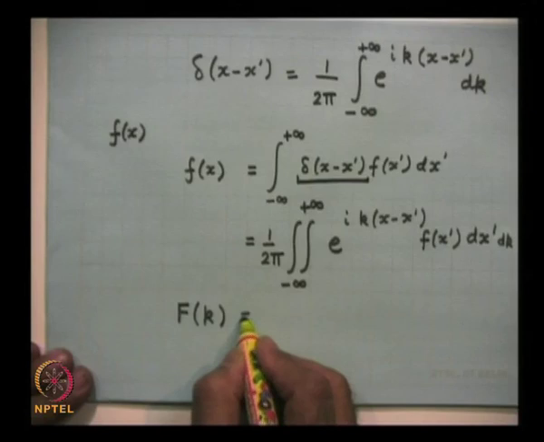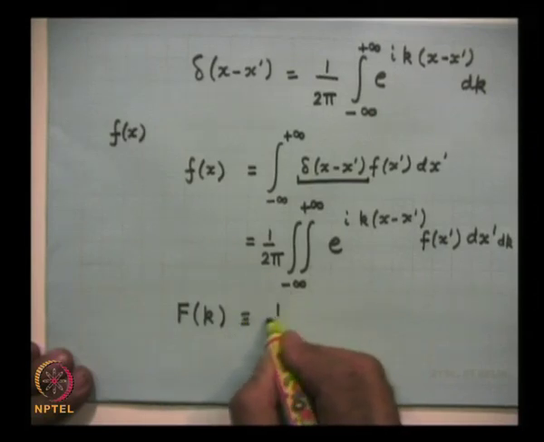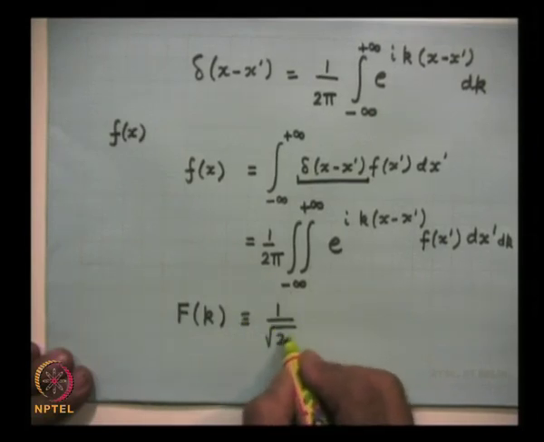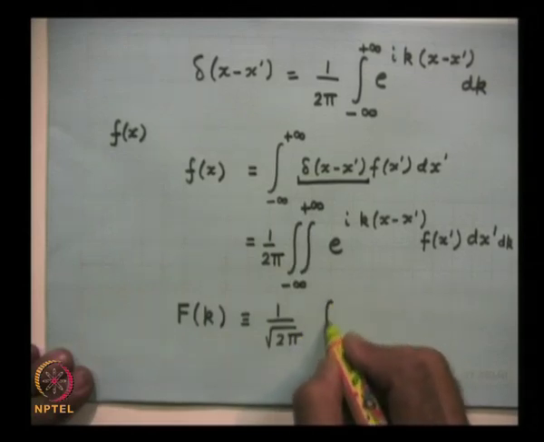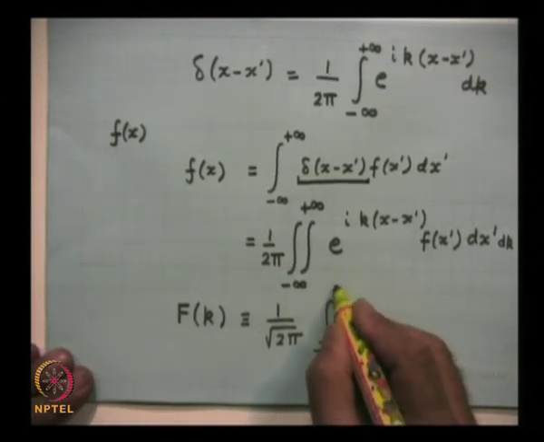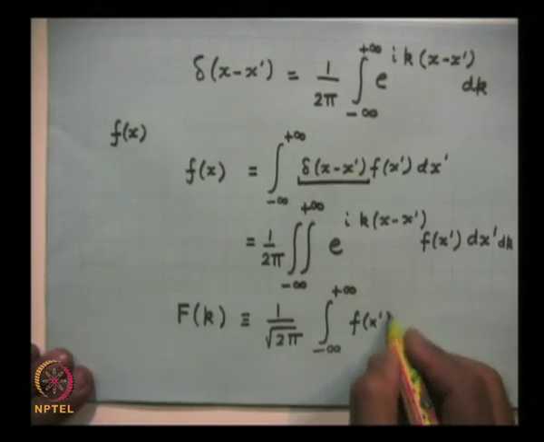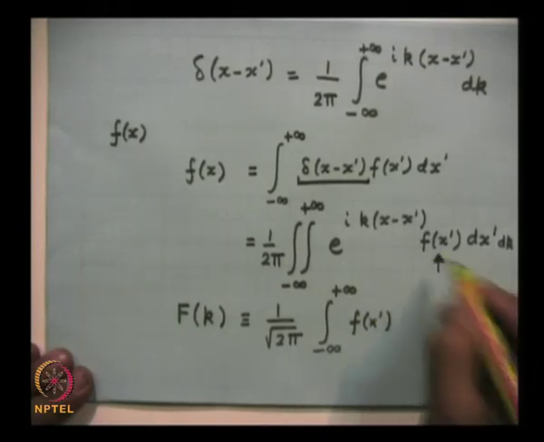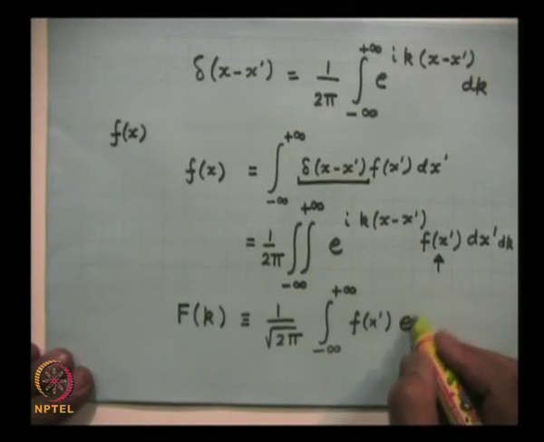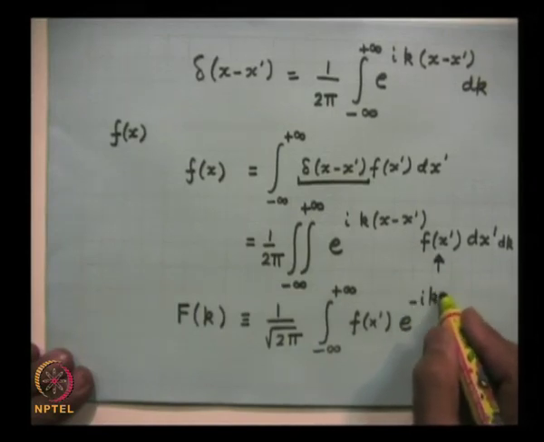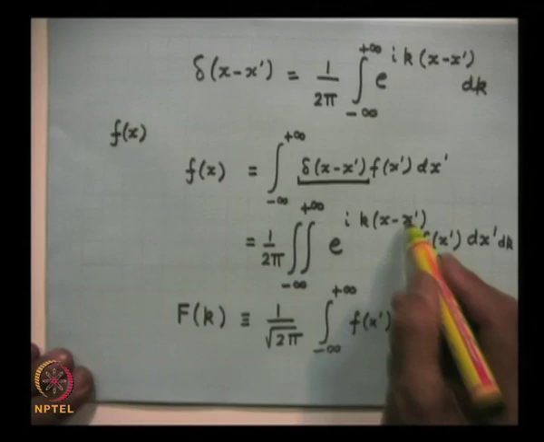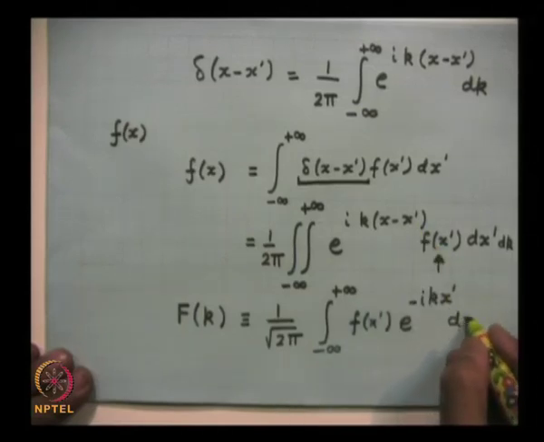I define this function as 1 over root 2 pi, the integral from minus infinity to plus infinity of f of x prime e to the power of minus i k x prime dx prime.